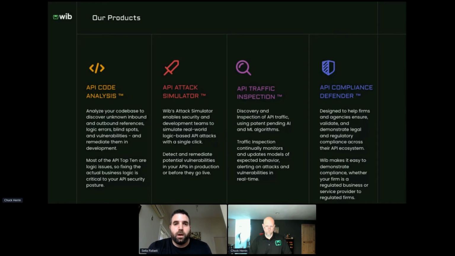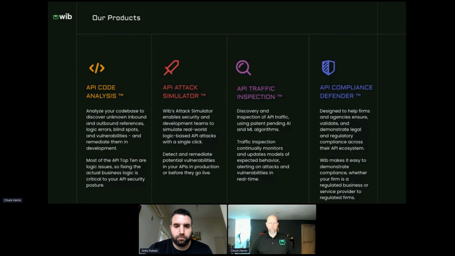Yep. The code analysis. One thing I'd like to add to Santiago's question is what we're finding in engaging with our customers across industries: developers have gotten pretty good at authentication, but authorization is where we're seeing a lot of problems.